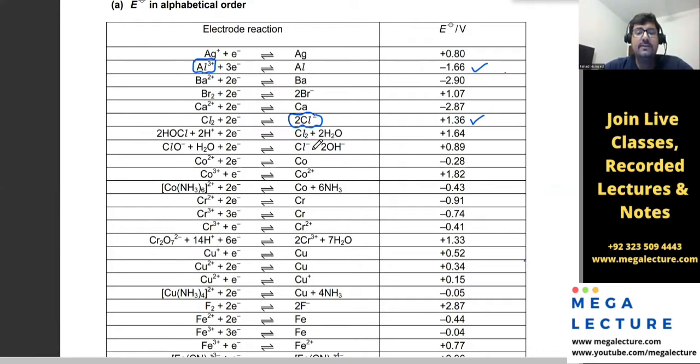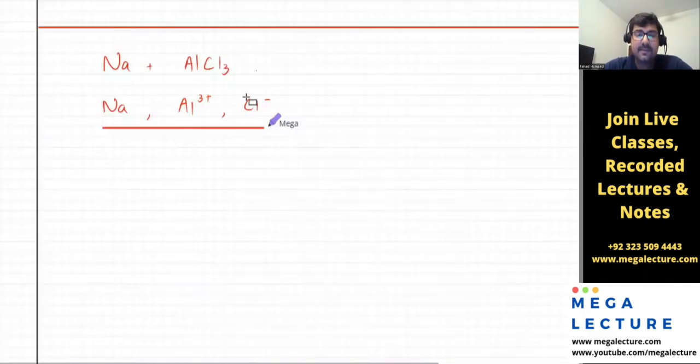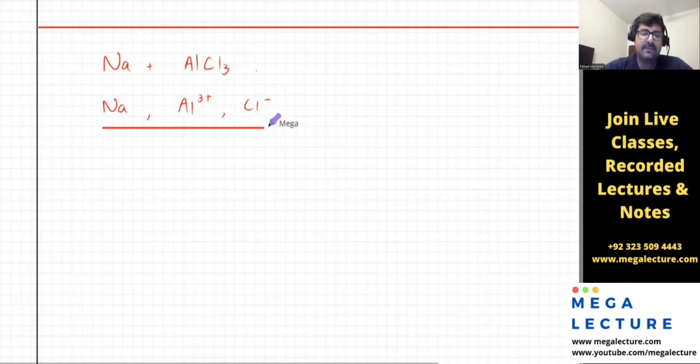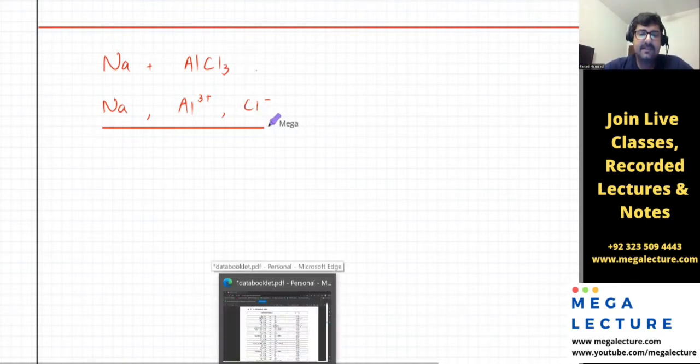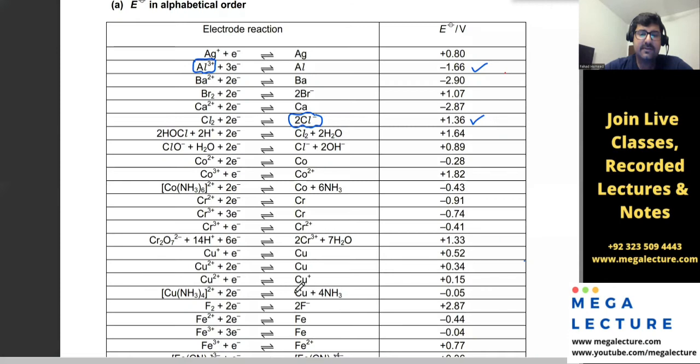I'm not going to use the other equation for Cl minus 1, in which Cl minus 1 reacts with 2 OH minus 1. These two should be together. The reason I'm going to reject that is there is no OH minus 1 here, whereas in that equation there was Cl minus 1 next to OH minus 1. So this one is rejected.